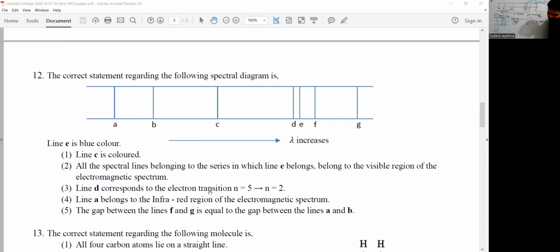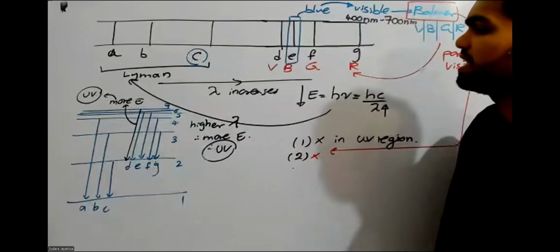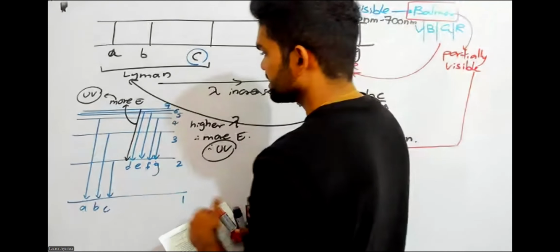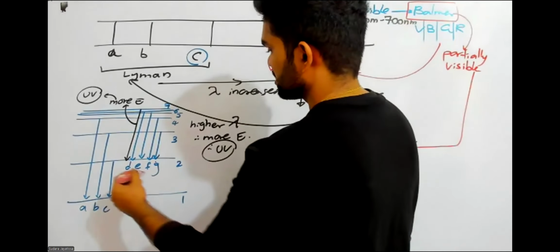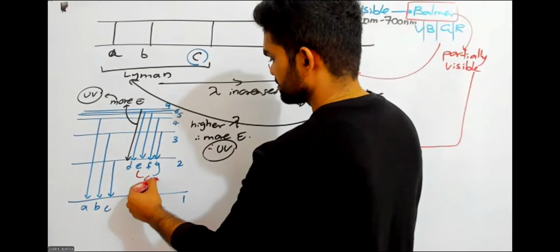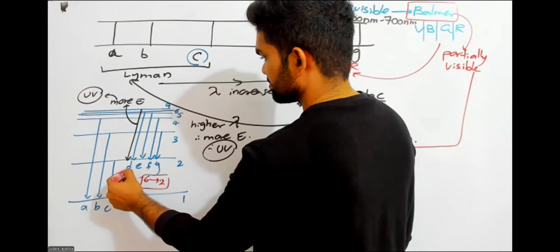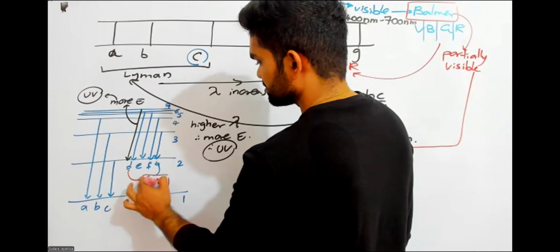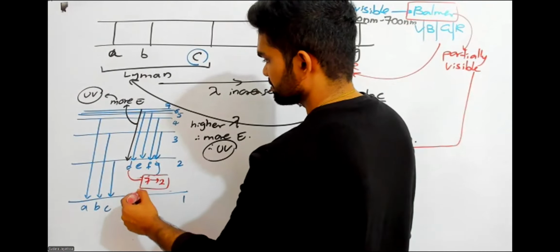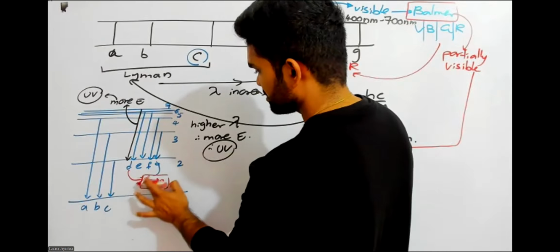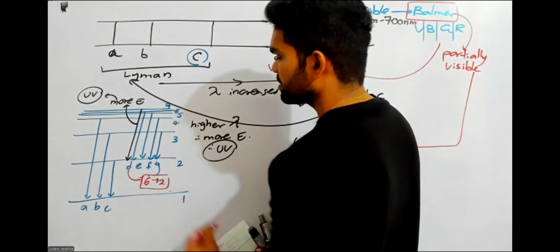Then the third one, line D corresponds to the electron transition 5 to 2. Line D, you can see here it is 6 to 2. Sorry, my mistake, 6 to 2, sixth energy level to the second energy level.